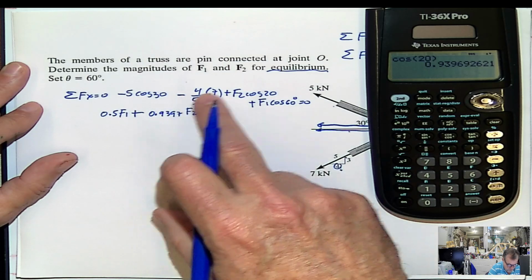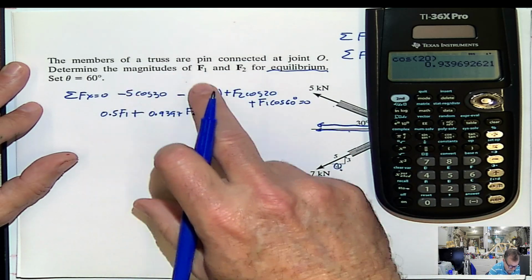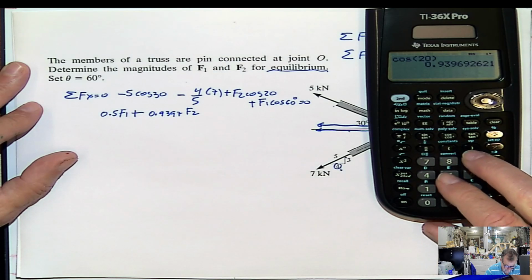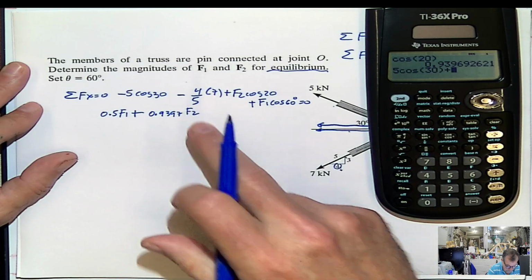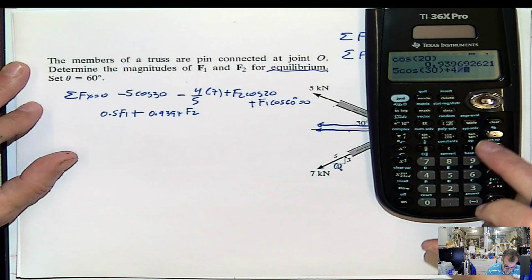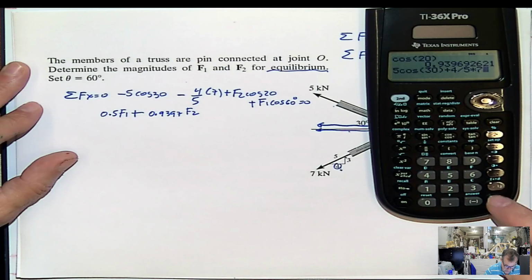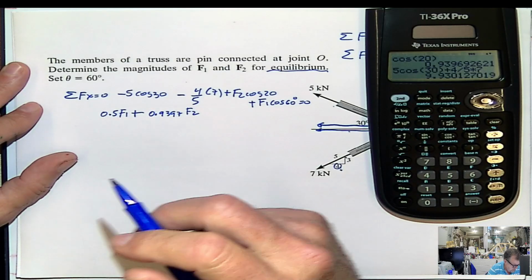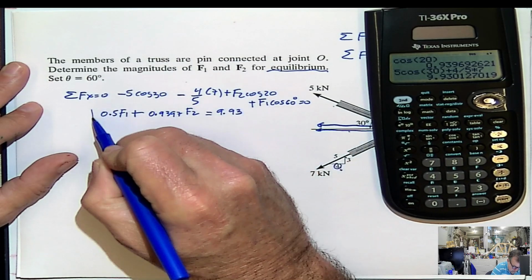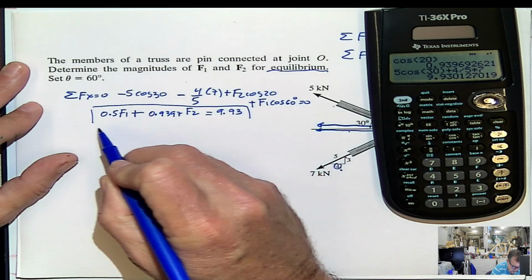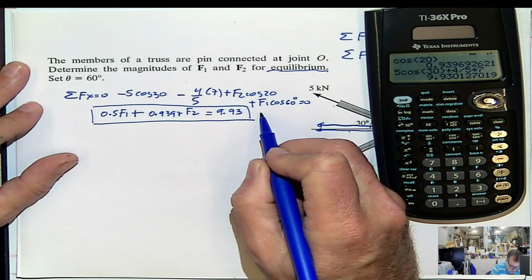I'm going to pass them to the other side, but I'm going to combine them first. That will be 5 cosine 30 plus 4/5 of 7, and that will be 9.93, and this will define our equation number 1.